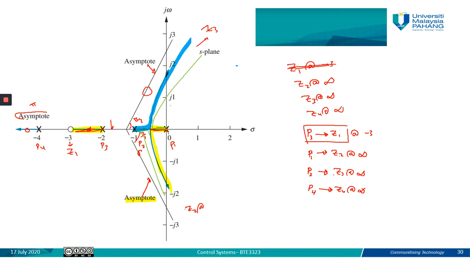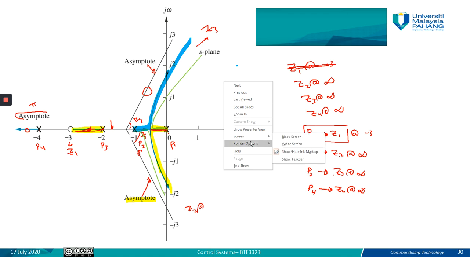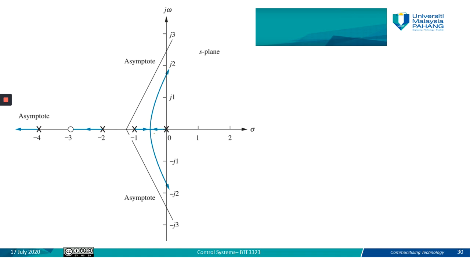So you can see now, if we want to apply rule number 2, we said the root locus should be symmetric around the real axis. So this is the real axis here, and you can see the root locus is symmetric. This part is the same as that part, like a mirror with respect to the real axis. Okay, so this is the symmetry rule.